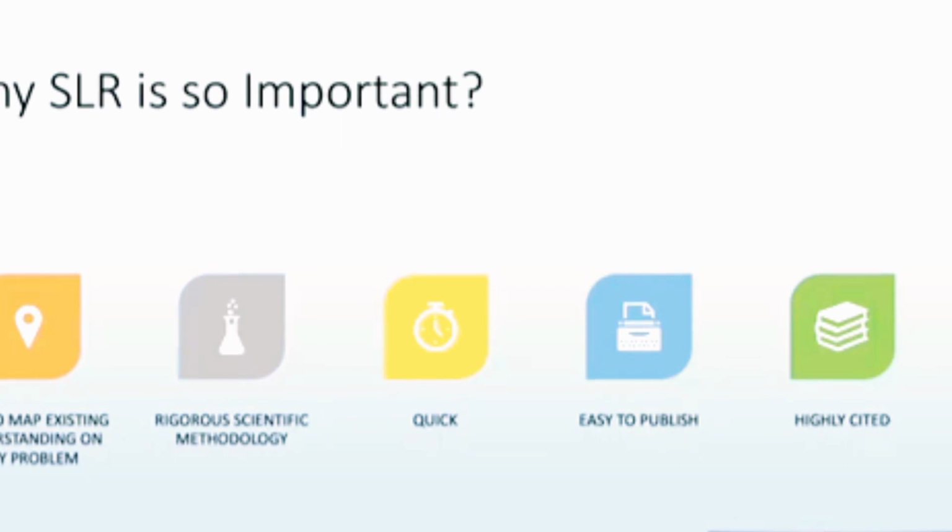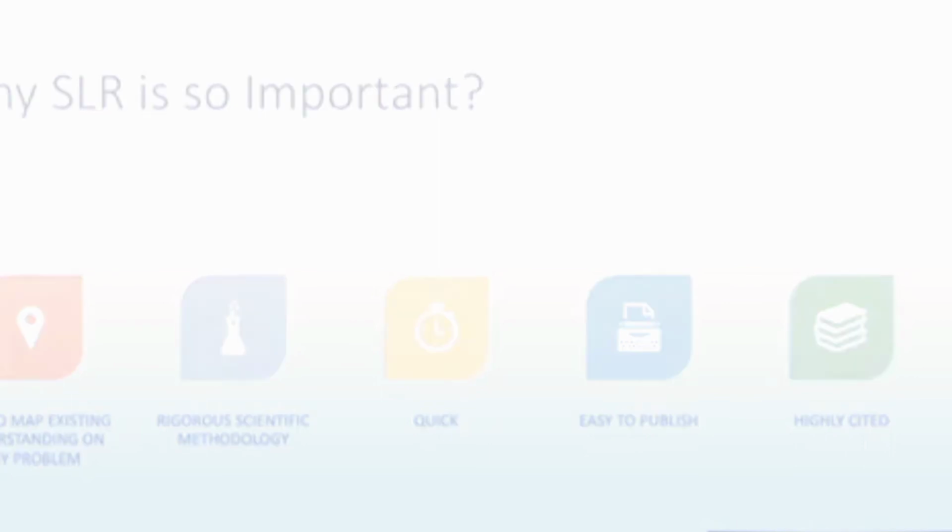So your work is more visible and it would be highly cited. We know writing is our job, and obviously if you are writing, citation is one of the major factors we focus on during research. So that's why highly cited papers are more often systematic literature reviews, and I encourage you to write more of them.